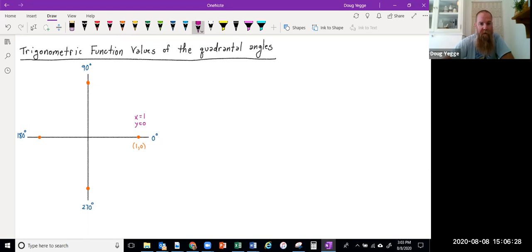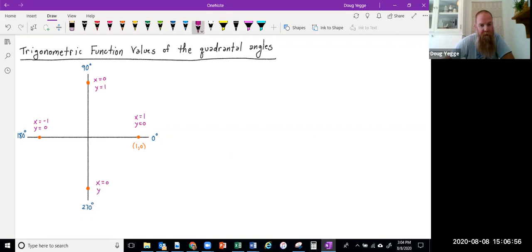And over here, we would see that x is equal to 0, but y is equal to 1. Now remember, we could also have negative x and y values. So back here, x is negative 1 and y is equal to 0. And finally down here, we see that x is equal to 0 again, but y is equal to negative 1.